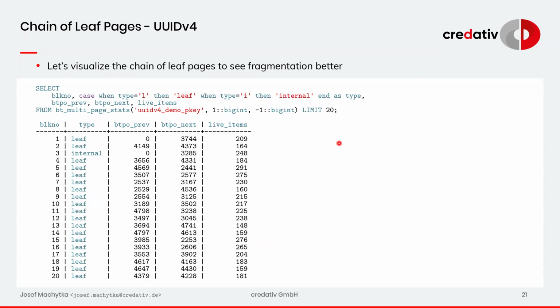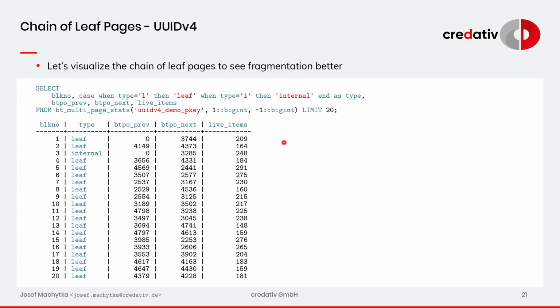So this is that chain of leaf pages for UUID version 4. Every B3 index has page 0 as the root page, and one of those first pages is also a so-called internal page, which actually contains pointers to the level of pages.